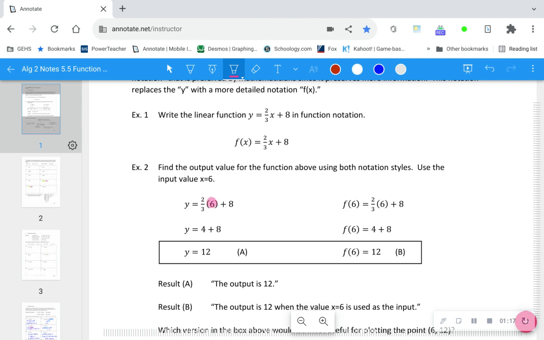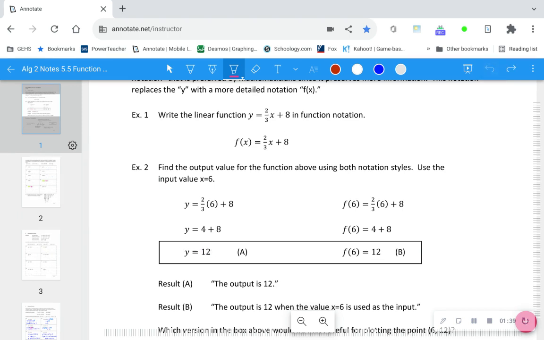Notice I put it inside the pocket. We're going to be doing a lot of that today, putting our replacement values or our input values inside these little parenthesis pockets. 2/3 of 6 is 4. When you add 4 and 8, you get 12. So if you look down here, this says the output value is 12.